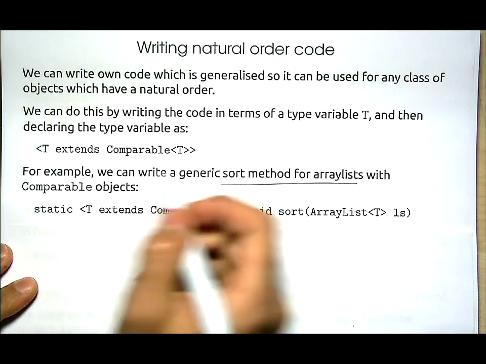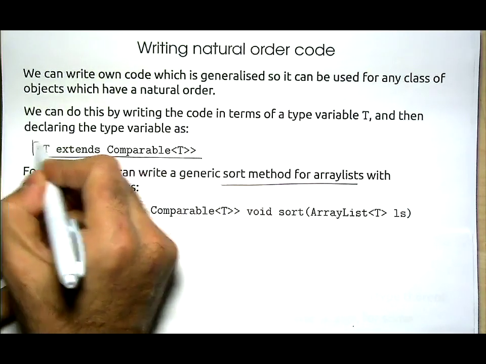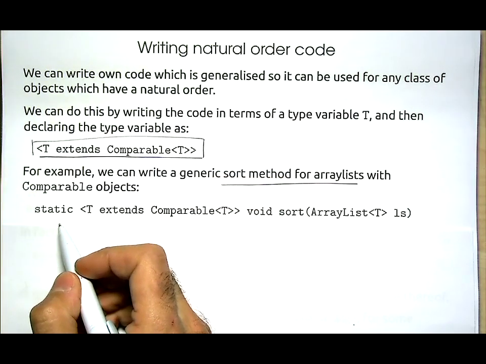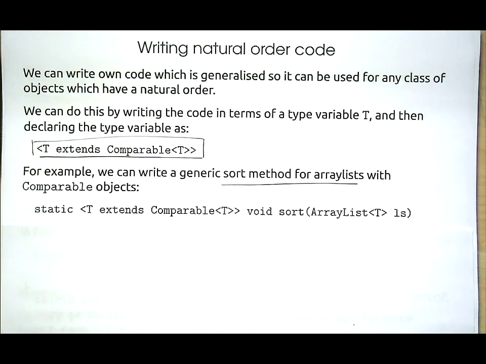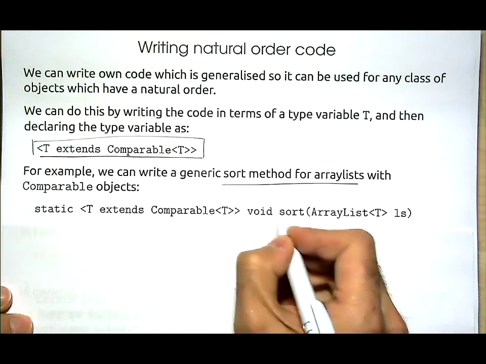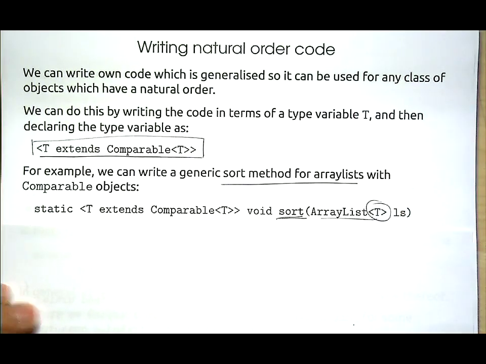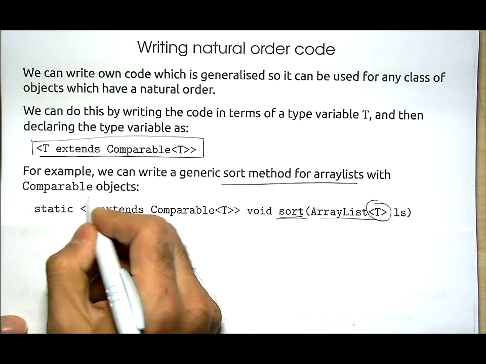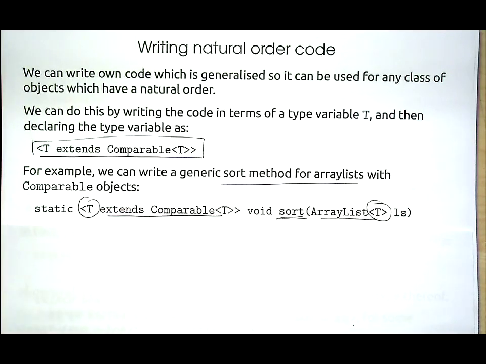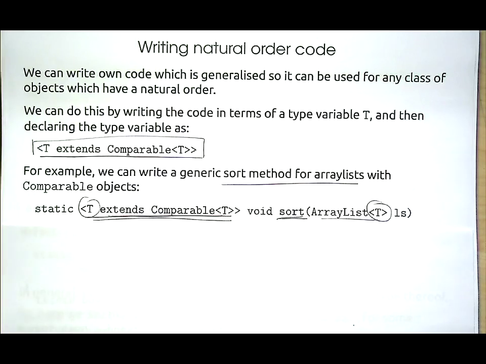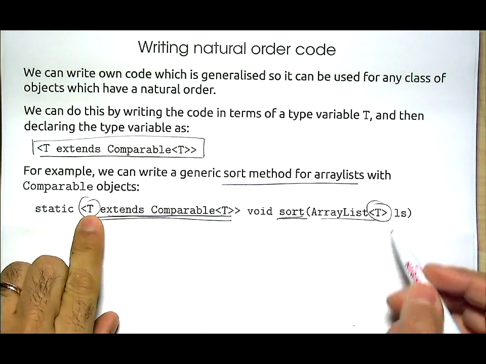The way we do this is we add a statement in the signature of the method. Again, we're going to be using a type variable, and it's going to be bound by Comparable. So I have this sort method. As before, it takes an array list of T's, and it had better be that T's implement Comparable. Then in the body of my method, using the fact that T extends Comparable, I can call the compareTo method on objects of type T.